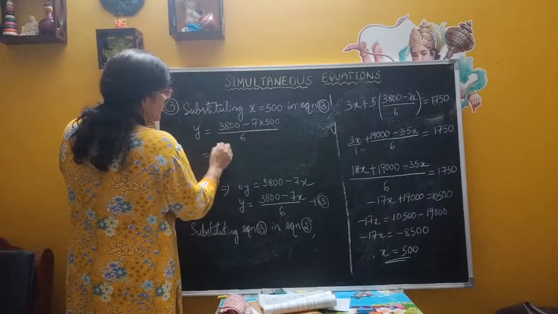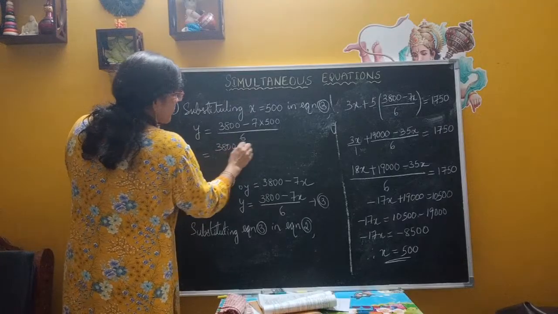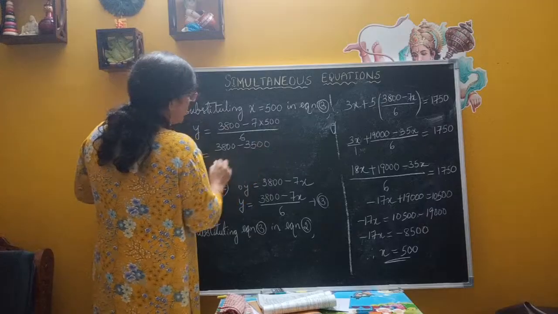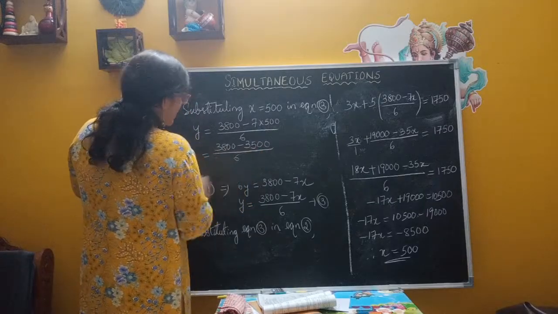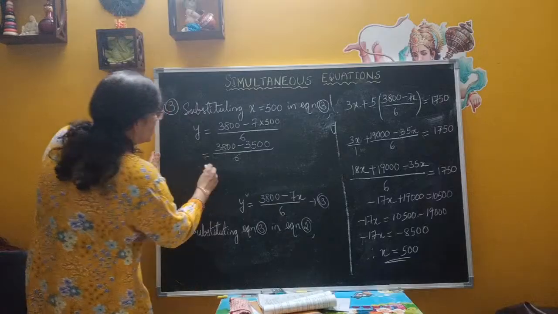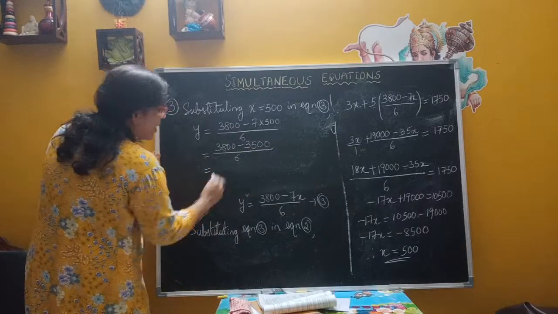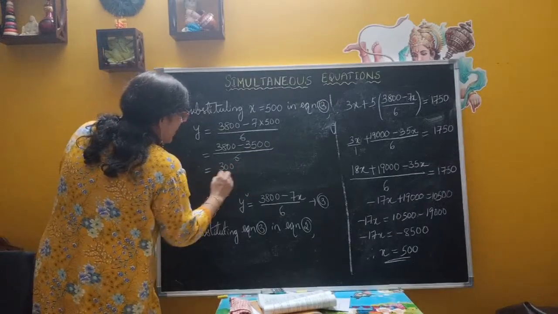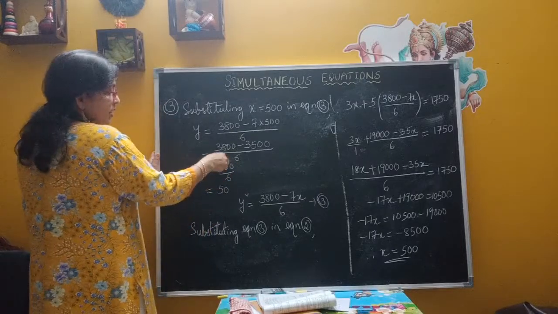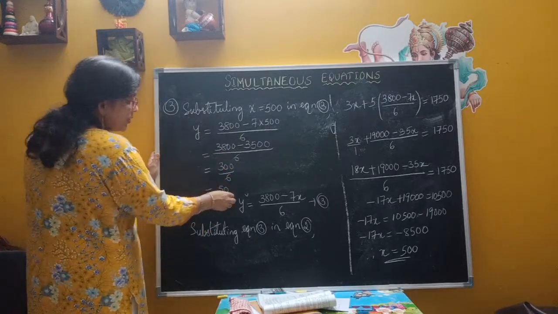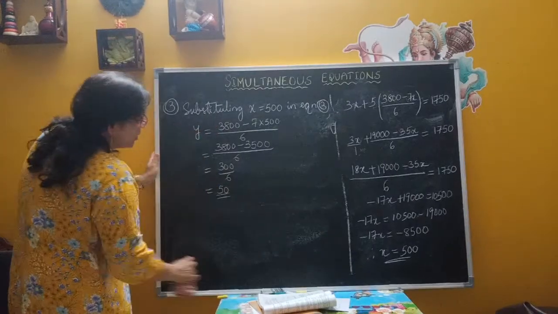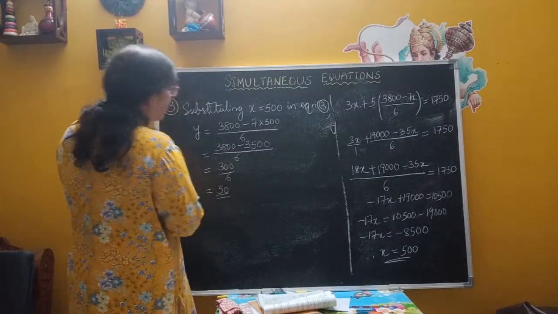So it is 3800 minus 3500 by 6. So it is equal to 3800 minus 3500 is 300 by 6. So it is 50. This is the cost of one ball. So let us write the conclusion now.